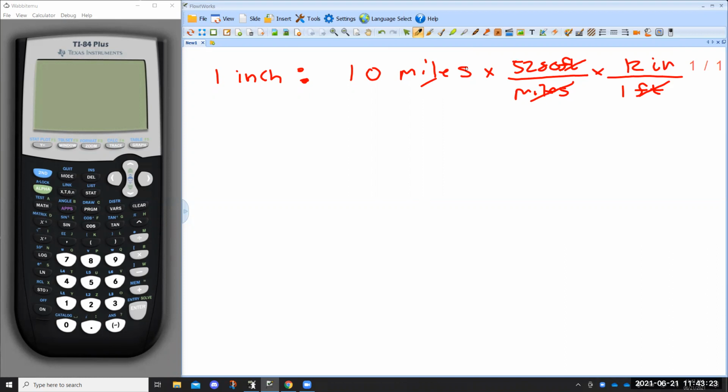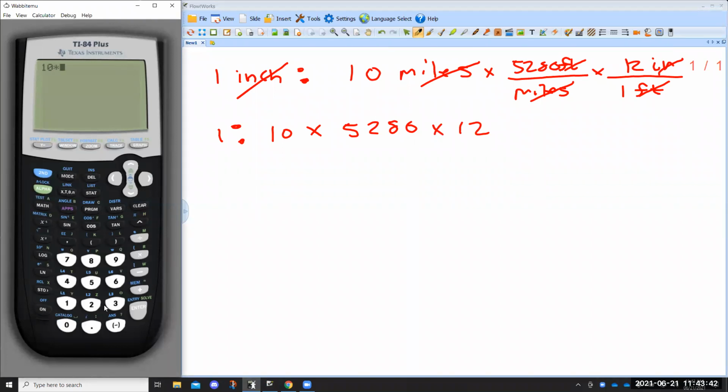Feet will cancel, miles will cancel, the inches will cancel out here. This is going to be 1 to 10 times 5,280 times 12. Let's figure out what that is.